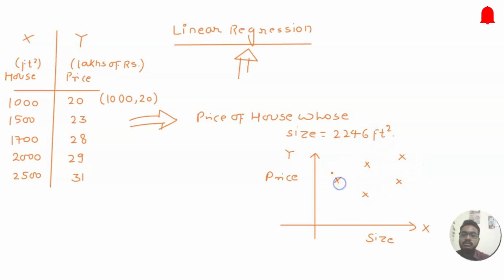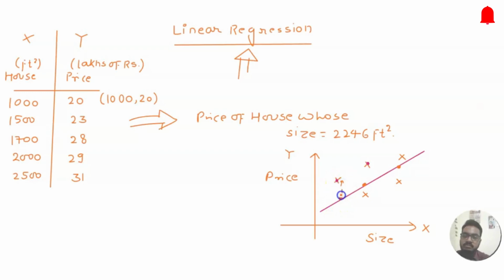Our aim is to find a line which best fits this data. What does that mean? If these crosses are our actual data points, then corresponding to them we have these orange points which are on the line. They are the predicted points.